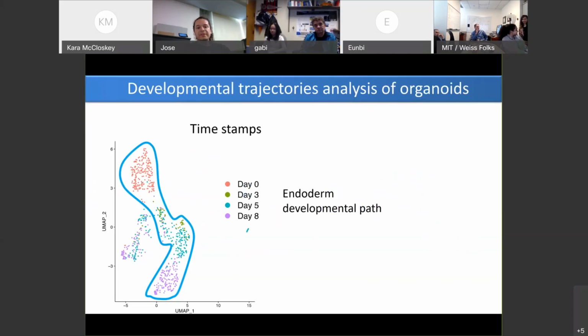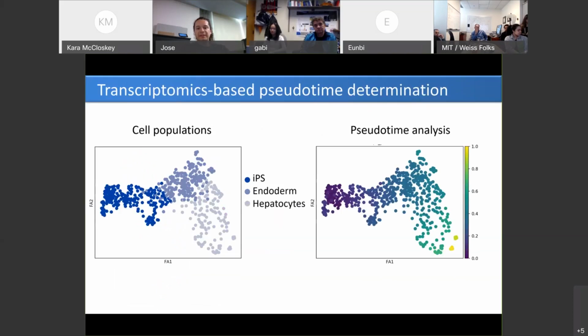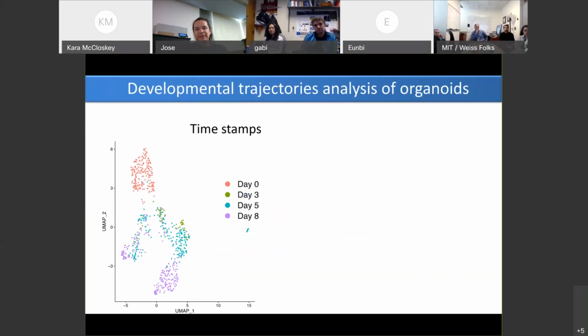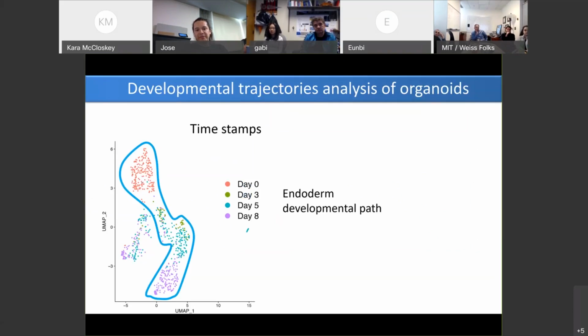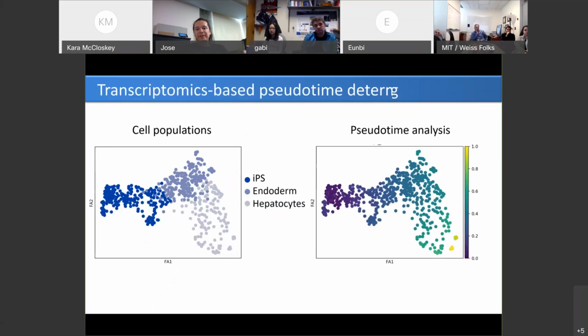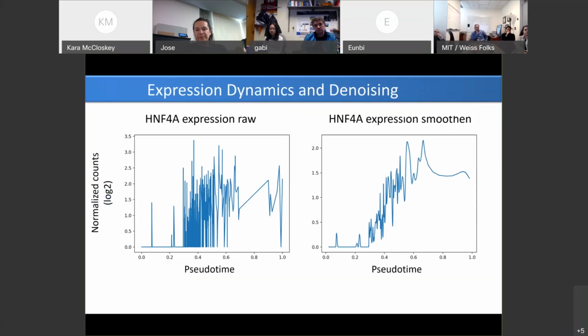Yeah, I guess you could restrict the range in pseudo time by the timestamps. So you can say day 0 can only go up to the first 25%. Maybe that would be a way to determine how big the gaps are, or to show more clearly where the gaps in sampling may occur.